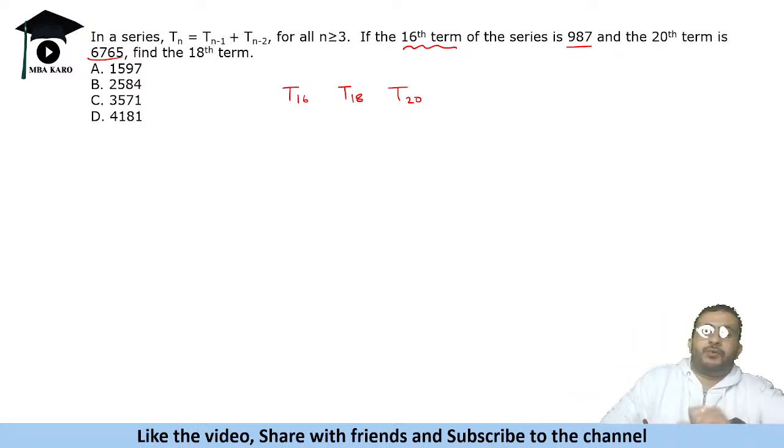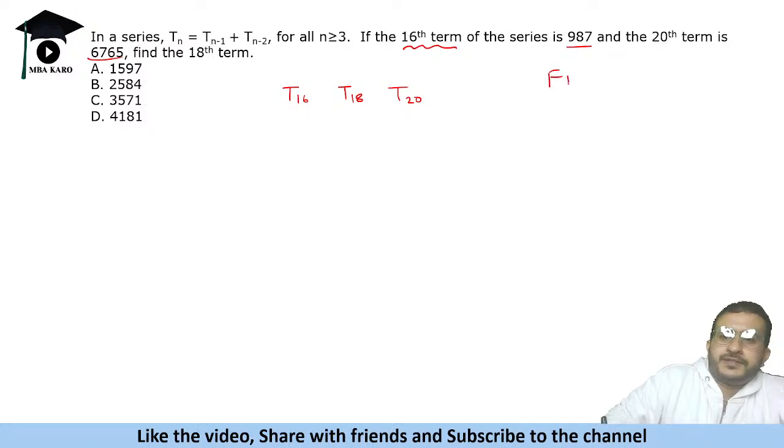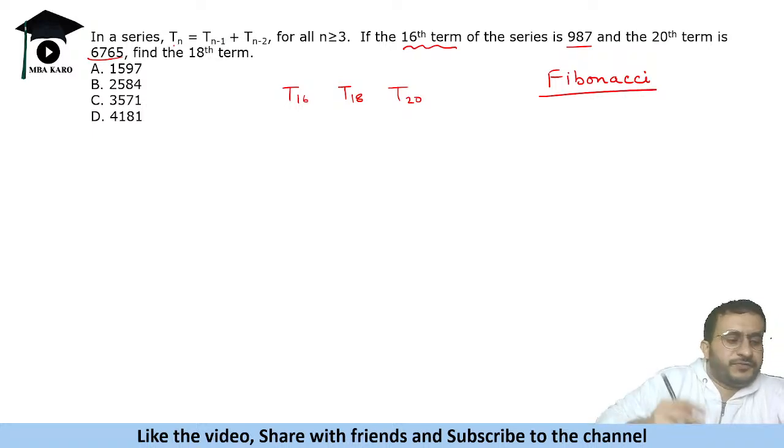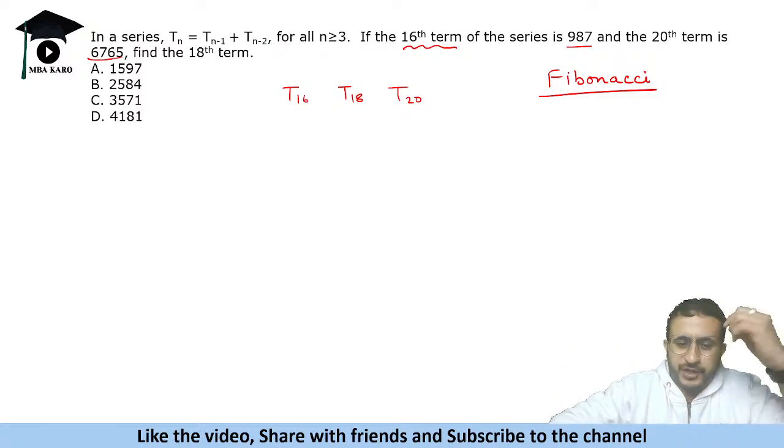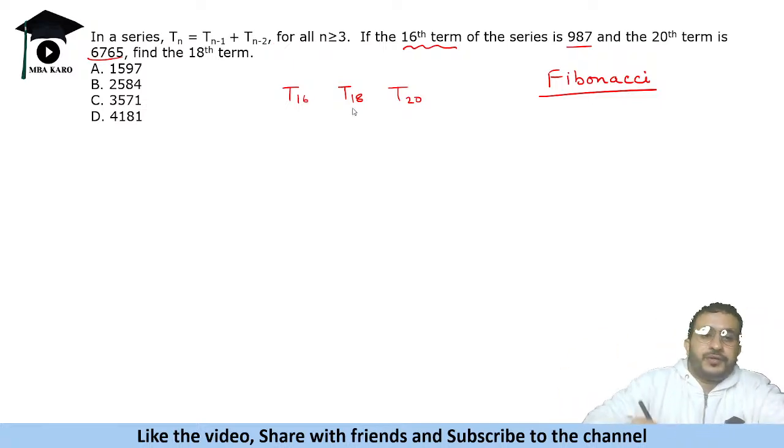See, this is kind of a Fibonacci series. Fibonacci क्या होता है? That the sum of the one of the terms is sum of the previous two terms. Okay, even if you do not know the term Fibonacci, that does not matter here. So nth term is sum of previous two terms.